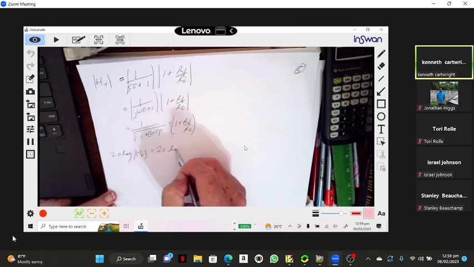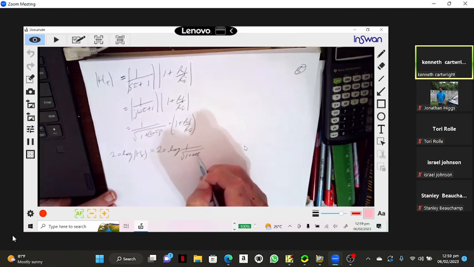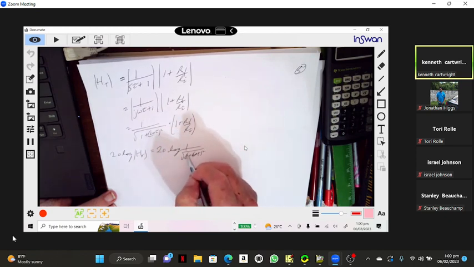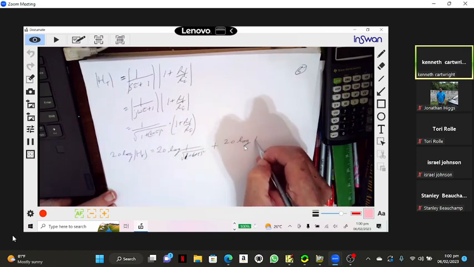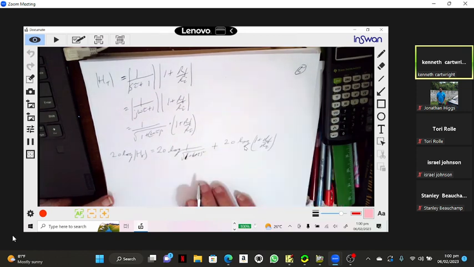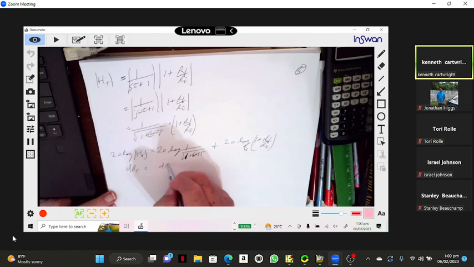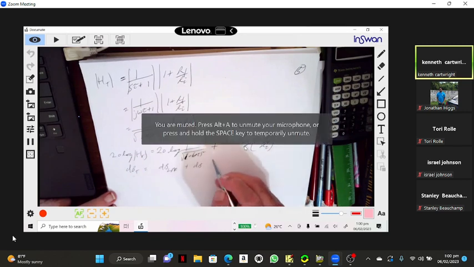So this is 20 log 1 over the square root of 1 plus omega tau squared, plus 20 log of 1 plus RF over RI. So dB total equals dB low pass filter plus gain in dB.